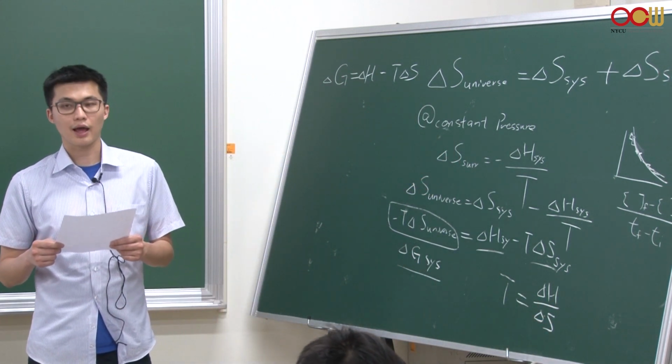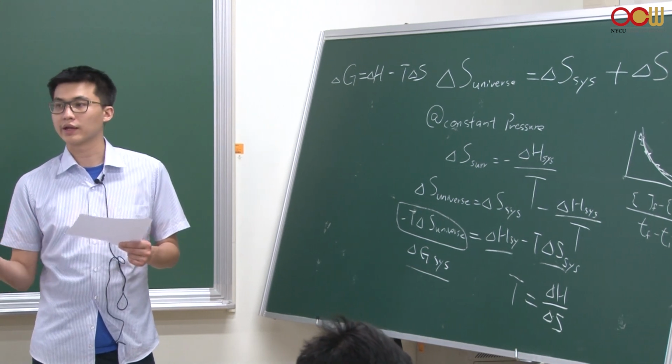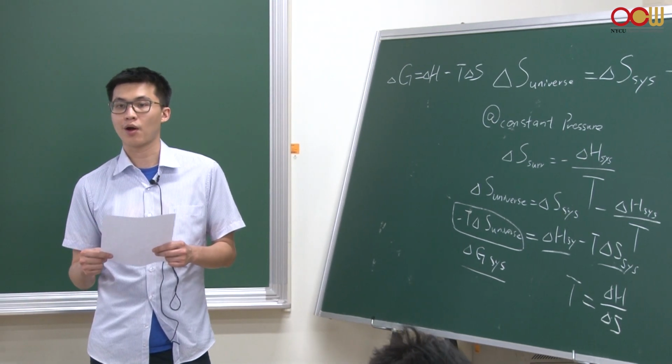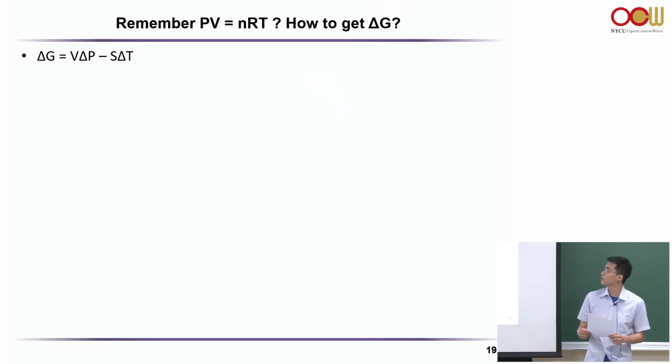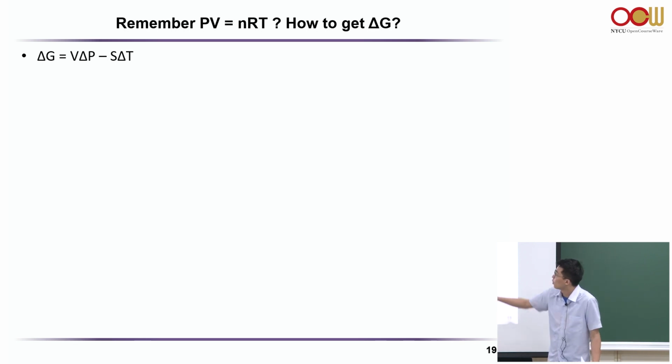So as I mentioned before, in the gas phase, your entropy will have more contribution, right? There's more freedom. So remember PV equals nRT? We can also rewrite this equation so that we consider the expansion of gas, which does work on your system. Based on its pressure change, you will do work, right? So we express the delta G in this way.